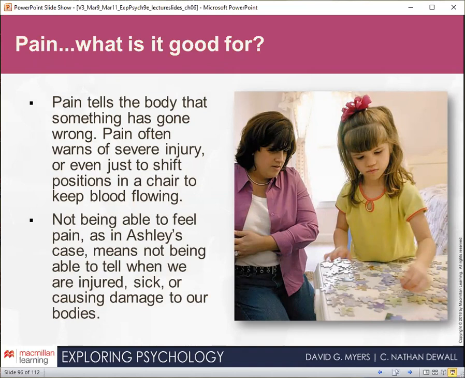So not being able to feel pain, as in Ashley's case here, means not being able to tell when you were injured, sick, or causing damage to our bodies. So somebody could have stepped on something in their bare feet, cut themselves, not realize their foot was cut, keep walking, doing whatever they're doing for a couple of days until the foot gets infected.